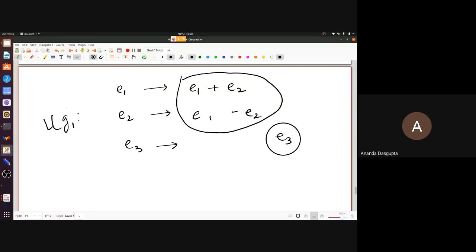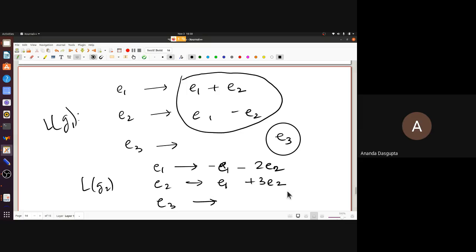Now, this is for one group element, say G1. So LG1 does this to E1, E2, E3. Say LG2 does this. Takes E1, moves it over to say minus E1, minus 2E2. E2 moves over to something similar, and E3 becomes 5E3.